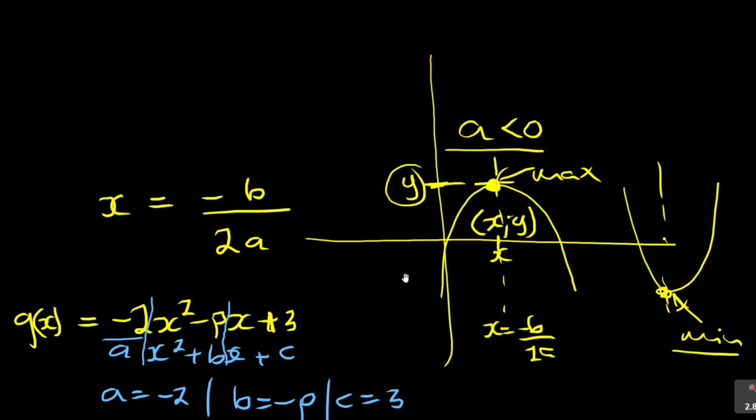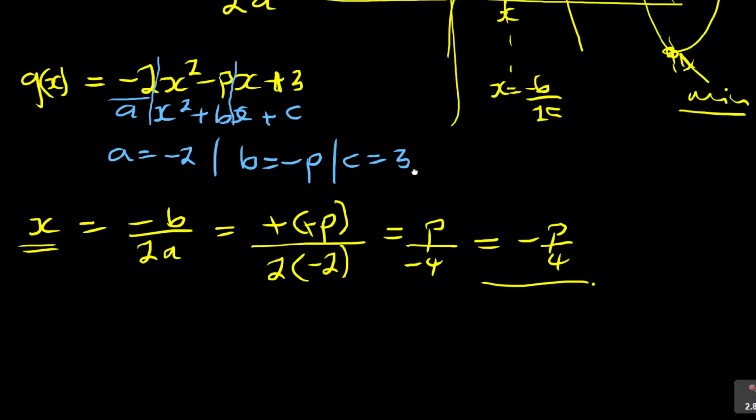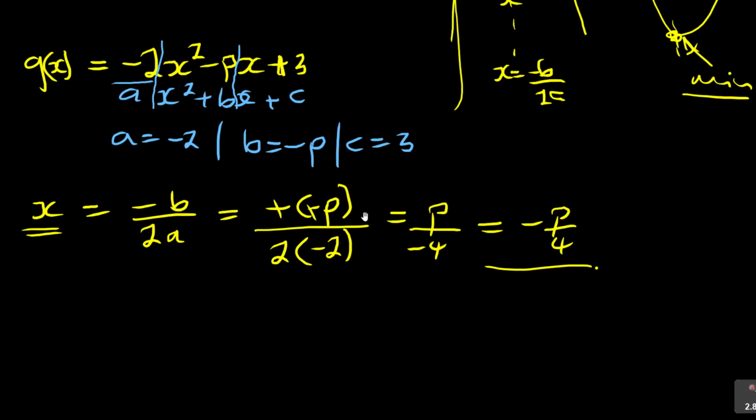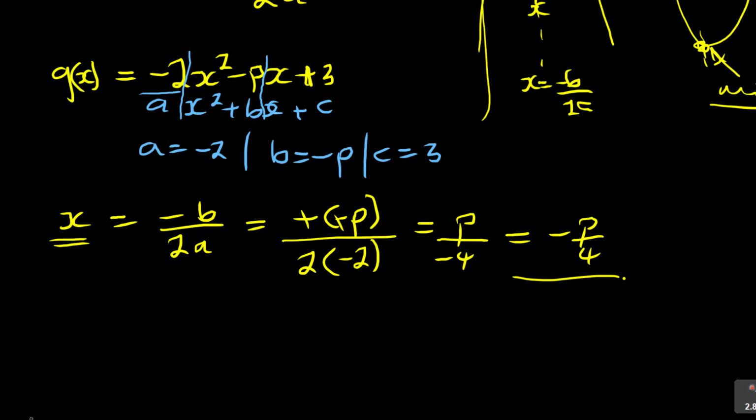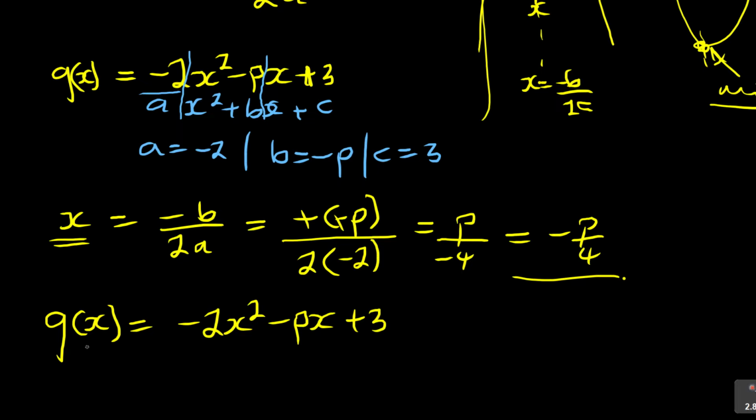But now, how do you find the y value? Remember, you are given that g of x is equal to minus 2x squared minus px plus 3. That is our g of x. But they told us what that maximum value is.